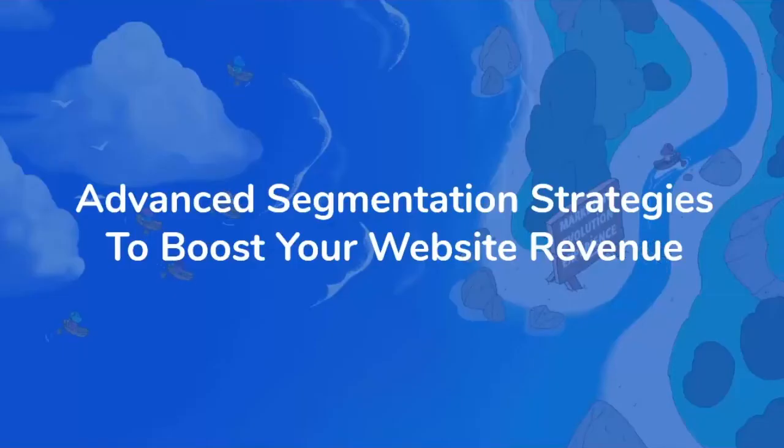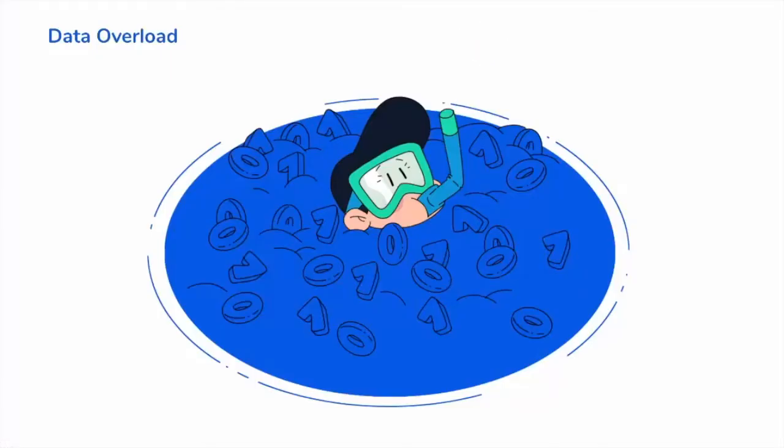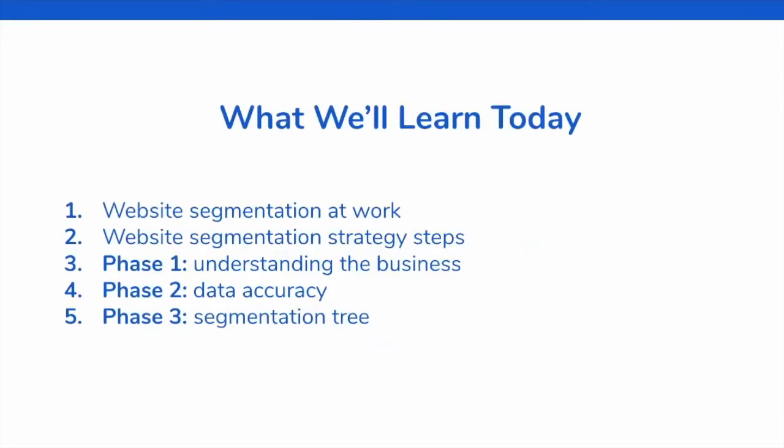Obviously, we are working with various types of data, but today we are going to focus on the quantitative side of things, where actually the main challenge is data overload. That's why I'm going to bring in a bit of structure so you can easier extract actionable insights and more efficiently invest your resources.